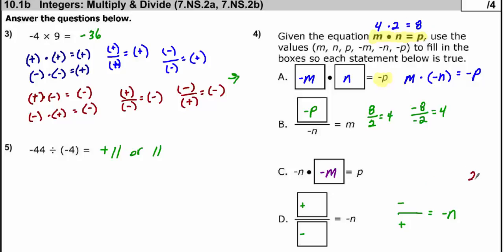If you wanted to get 2, the way you get 2 is to have 8 divided by 4. But we're not using the numbers, we're using our letters. So it's either positive p divided by the opposite of m, or it's opposite of p divided by the positive m.